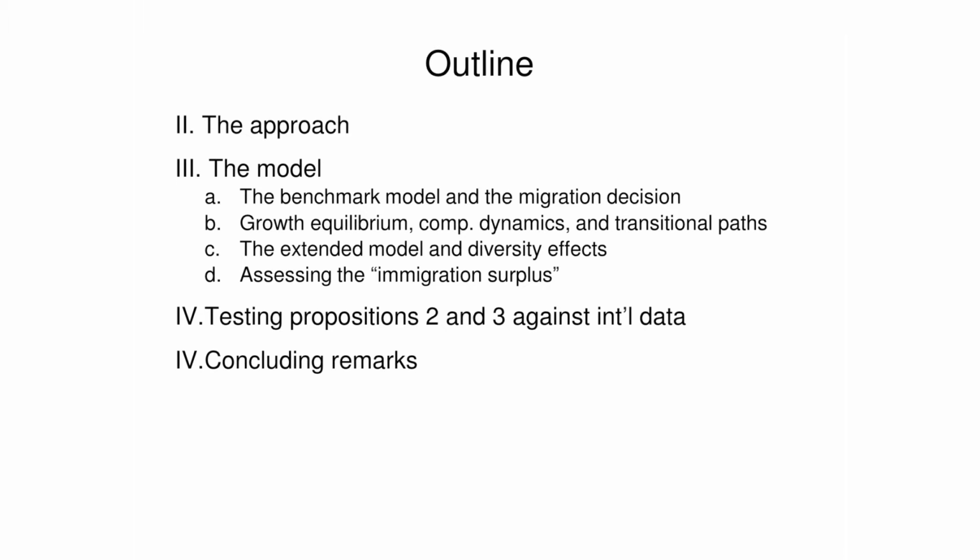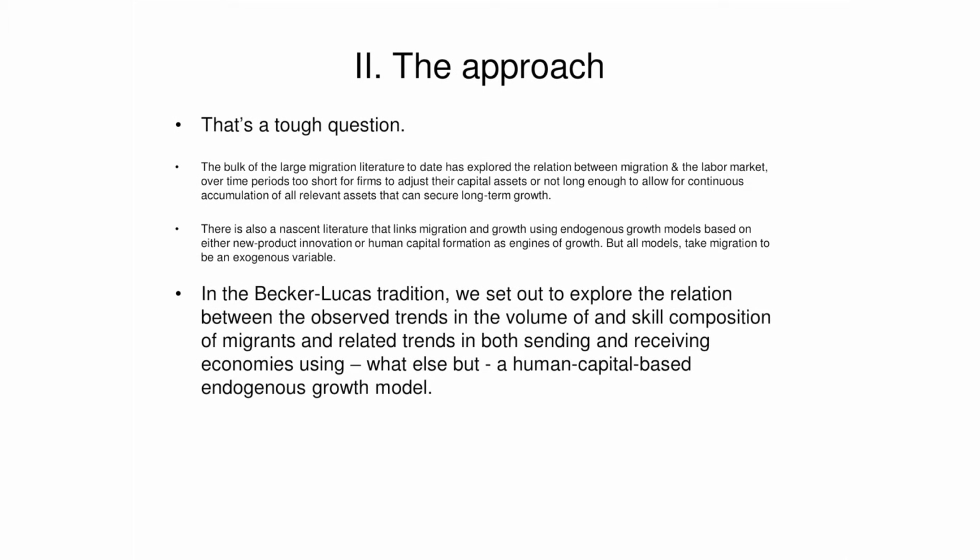And then I'm going to talk about the immigration surplus that comes out of all of that. There is a segment in the paper where we test some of the propositions that we come up with. And of course, I'm going to try and leave some room for concluding remarks if I have enough time to do all of that.